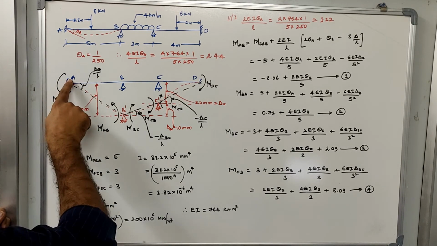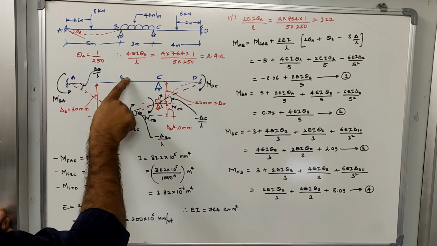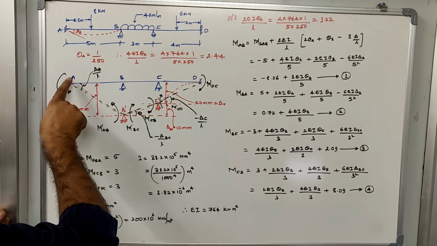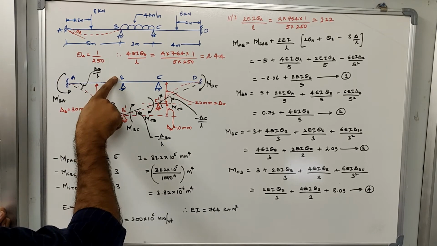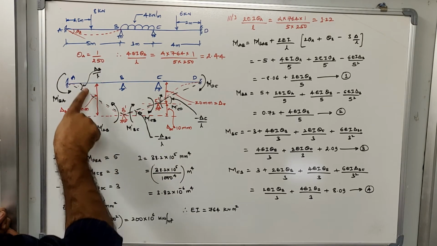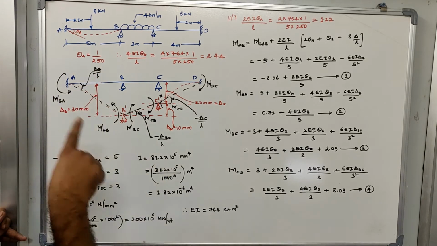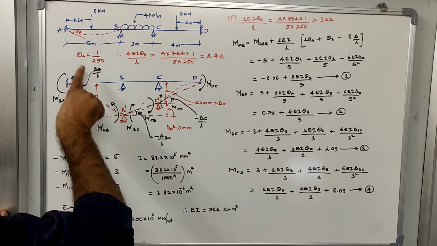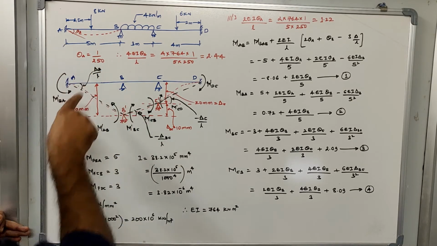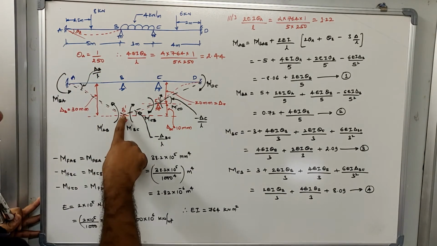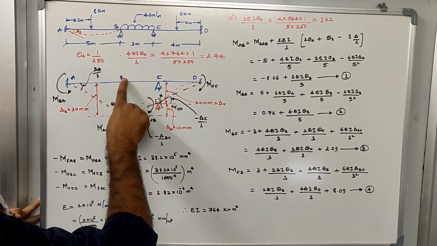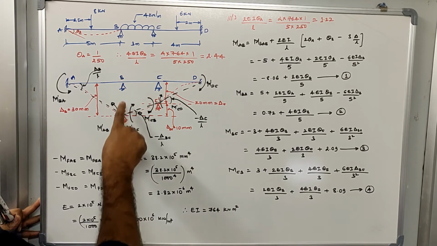Assuming A is my near end and B is the far end, the near end is at higher elevation and the far end is at lower elevation. In that case, as I told you in the previous videos also, you have to consider delta B by L itself, as a positive value. Now again, if you go to member BC, the joint B has sunk to B dash, right?